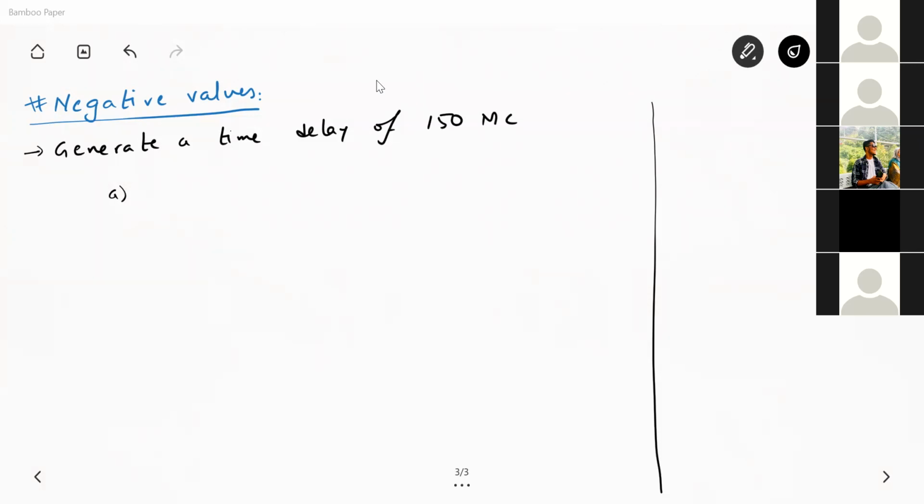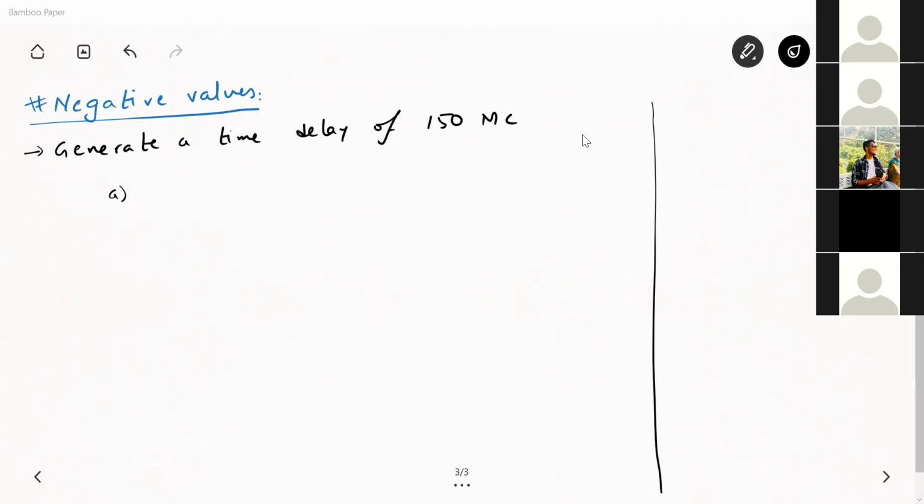Yes, sir. Parva, can you say how we can calculate the value of TH, which is to be loaded for 150 machine cycles? Sir, we have to divide the frequency of the oscillator by 12. Wait. We have already performed those things.